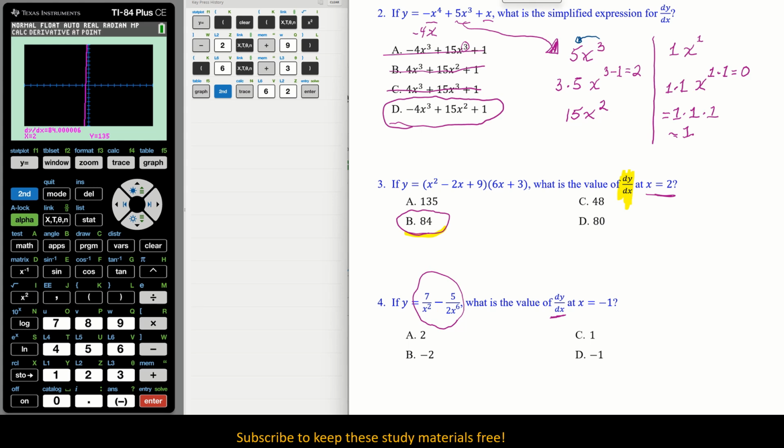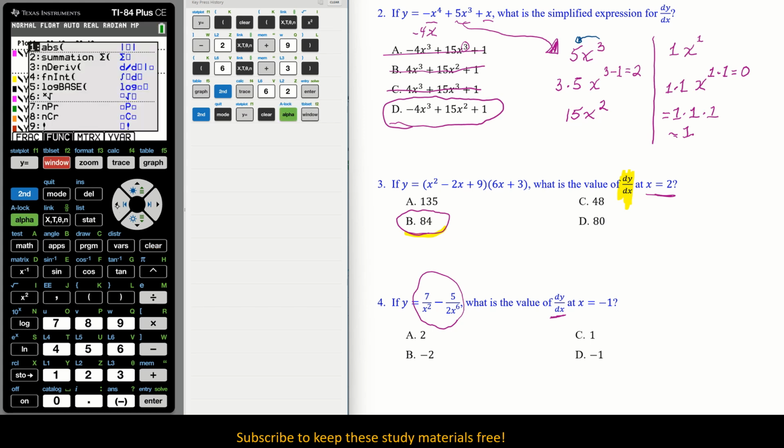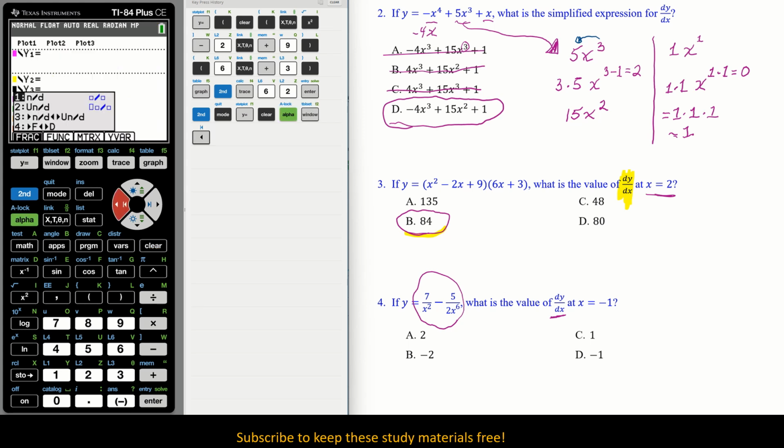Absolutely excellent. Okay, so I'm going to back out. I'm going to go to my y equals. I'm going to clear the whole thing. And then I'm going to put in each rational term separately. I do that by pressing window, alpha, window, arrow over, and I need the number 1. So I push enter. Then I have 7.